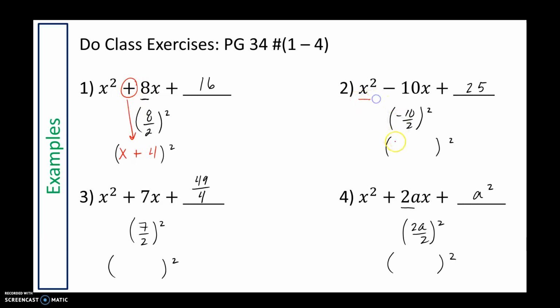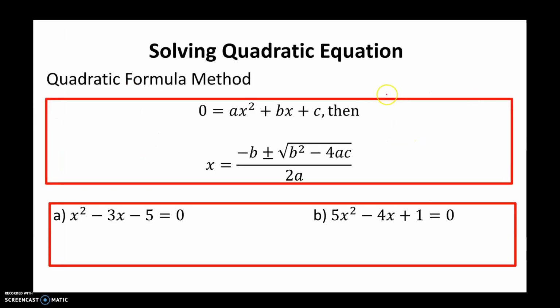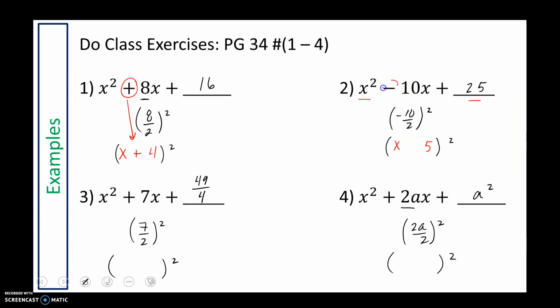Next one, square root of the first term, square root of the second term, and I take the sign from the middle term. So all of these expanded forms are perfect square trinomials. So perfect square trinomials will always factor into either a plus b quantity squared or a minus b quantity squared.